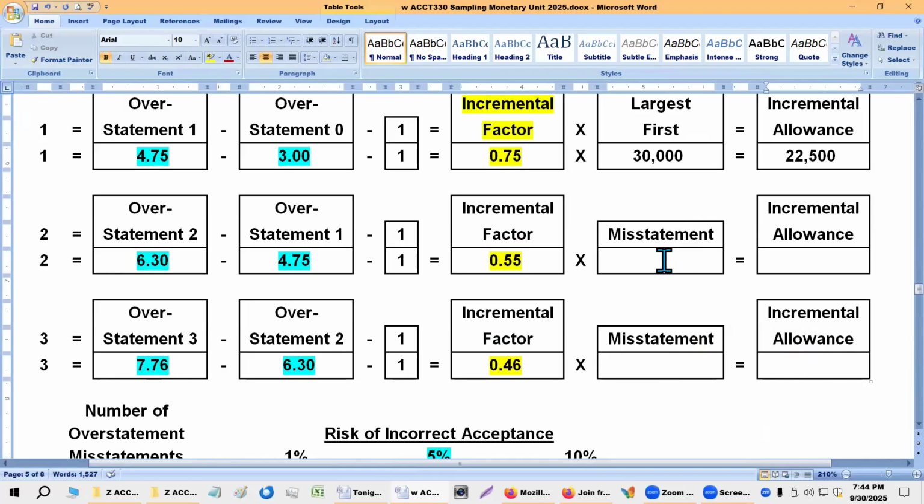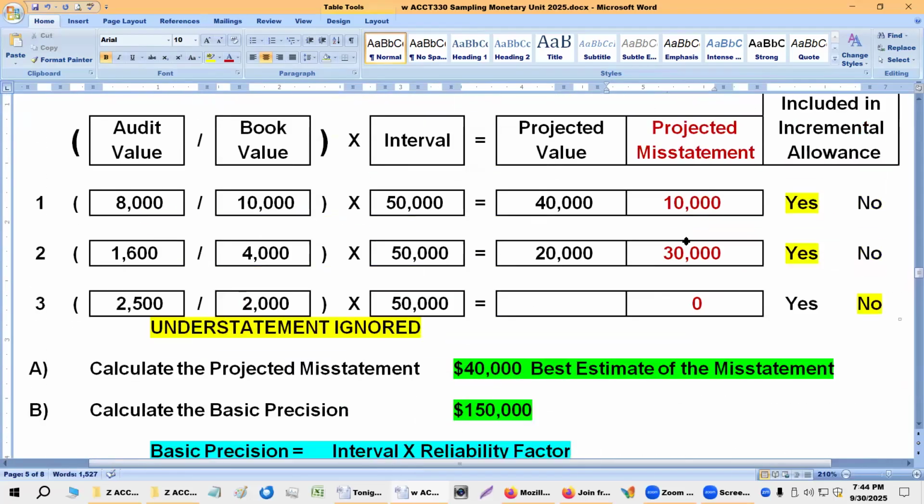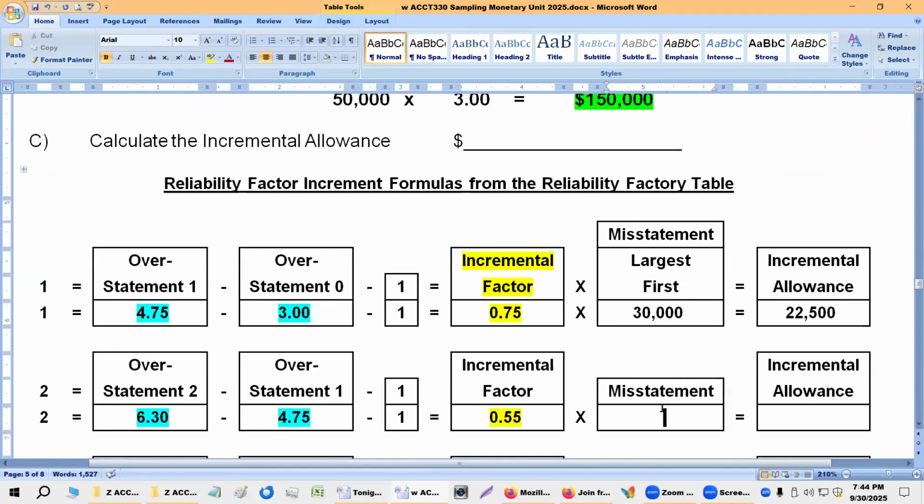Okay, so the second largest one is the 10,000. 10,000. 5,500.